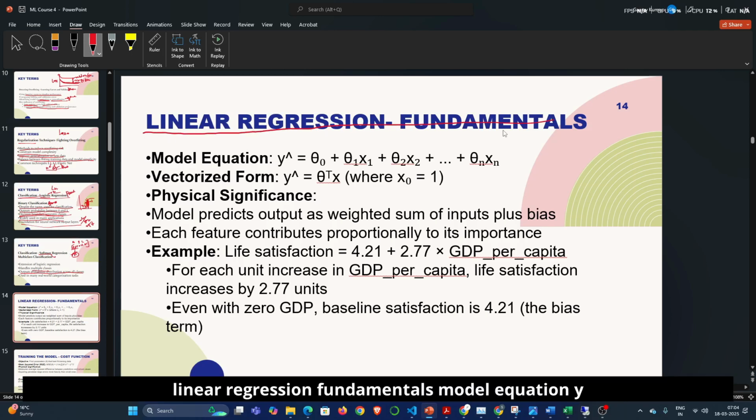Linear regression fundamentals. Model equation: y predicted is equal to theta 0 plus theta 1 x1 plus theta 2 x2 plus, till theta n xn. Y hat is equal to theta transpose x, where x0 is equal to 1.